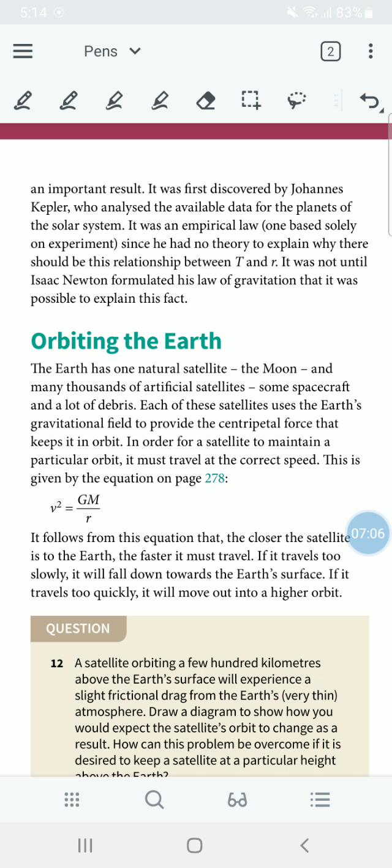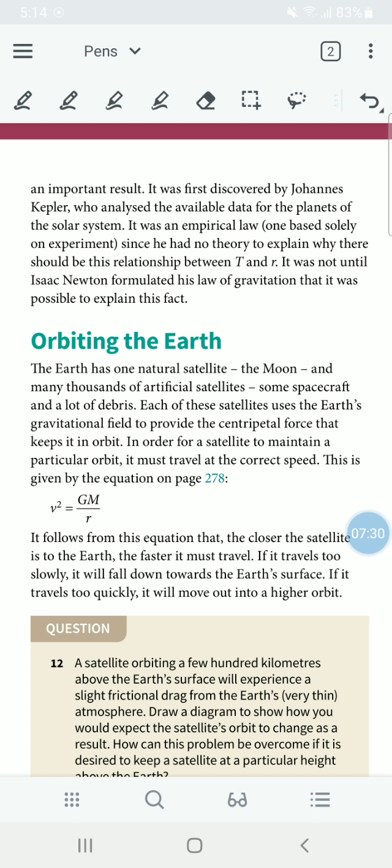When they go in orbit, they all use the Earth's gravitational field to provide the centripetal force necessary to keep them in orbit, right? So if a satellite has to maintain that orbit, it has to have that speed, right? So if that speed is not maintained, then it will crash onto the ground.